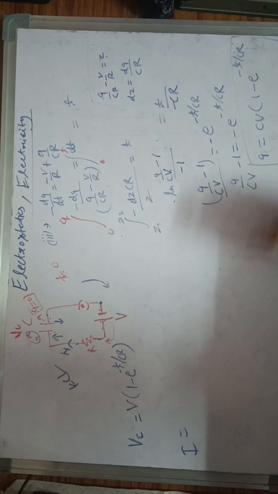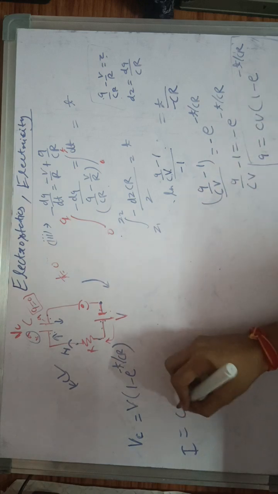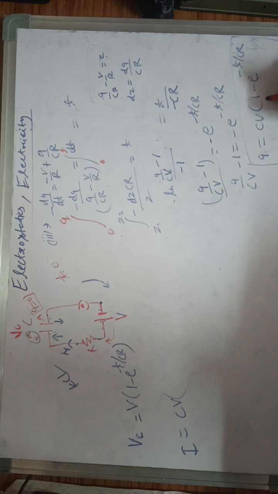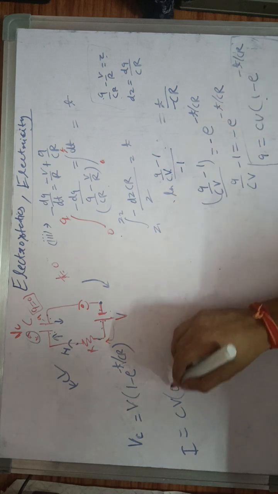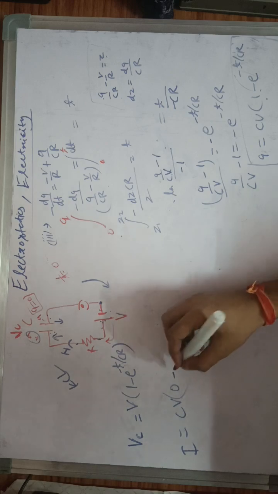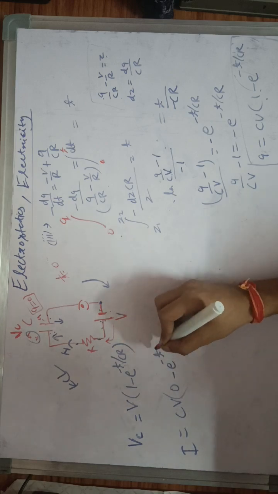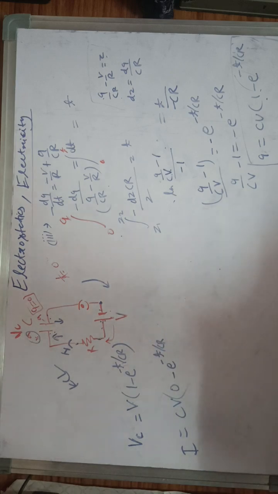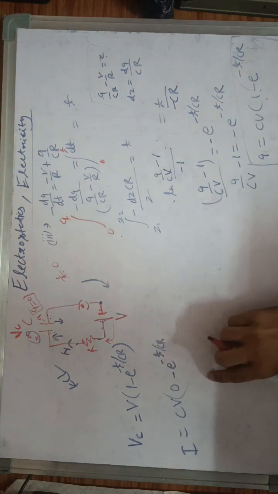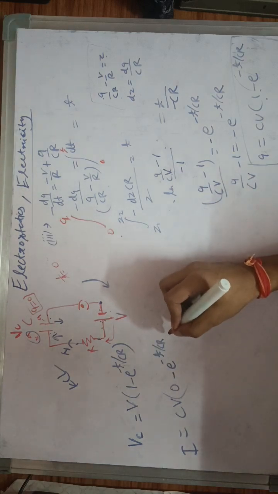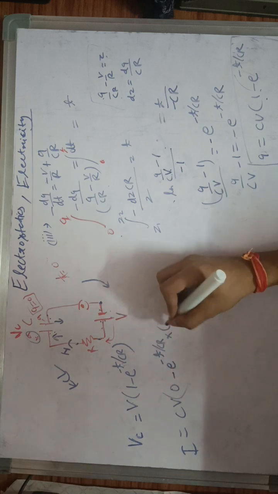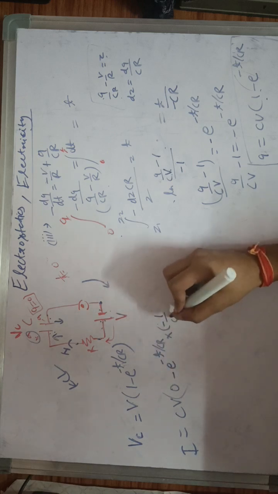It means this is constant value CV, and differentiation of this 1 is 0, and differentiation of this value will be minus e to the power minus t by CR. It will remain same. Now I will differentiate this whole value with dt multiplied by differentiation of this will give minus 1 by CR.